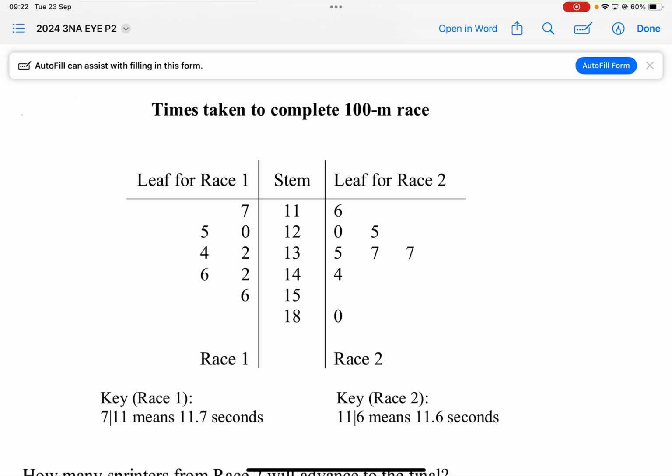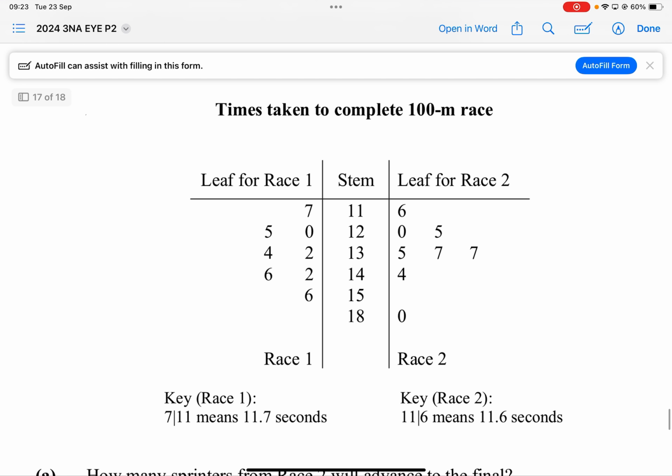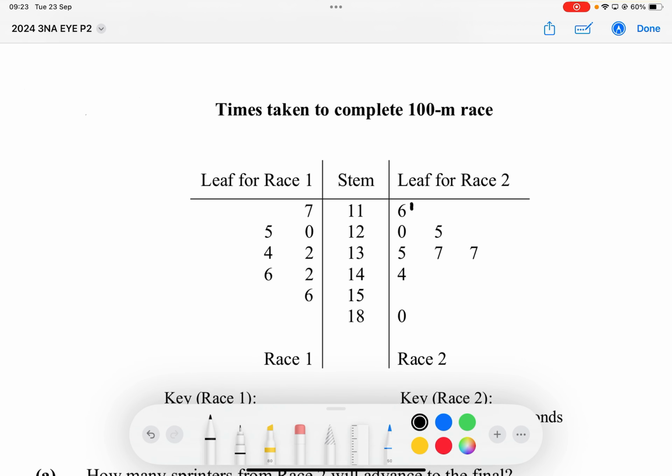So we have to compare. The fastest one is 11.6. The second fastest is 11.7. So when we choose the 8 fastest: 11.6, then 11.7, 12.0, 12.0, 12.5, 12.5.